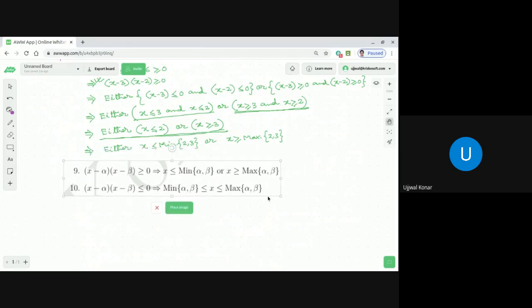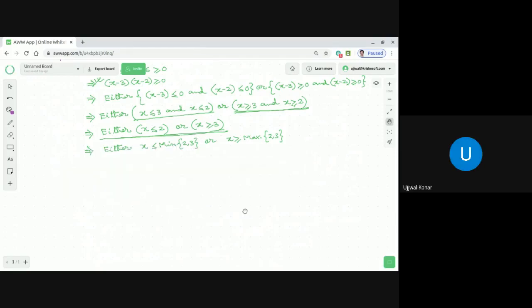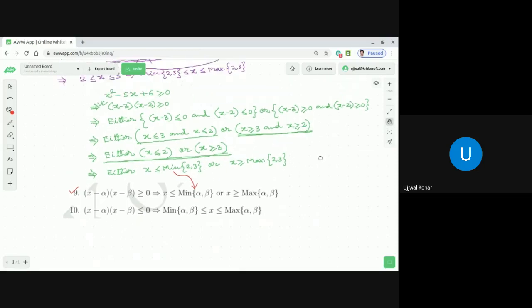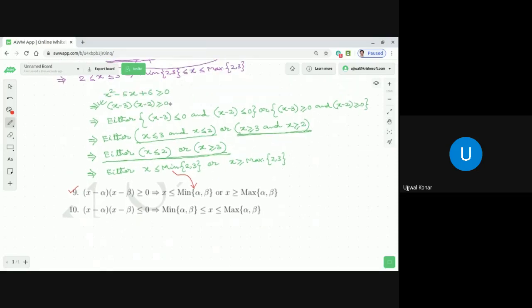You see, dear students, what I wrote? x minus alpha into x minus beta greater than or equal to 0. That signifies x is less than or equal to the minimum of alpha and beta, or x is greater than or equal to the maximum of alpha and beta, exactly like this. And the question was x minus 3 into x minus 2 greater than or equal to 0.